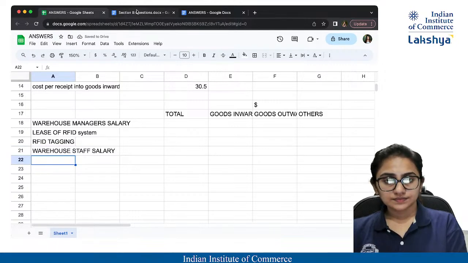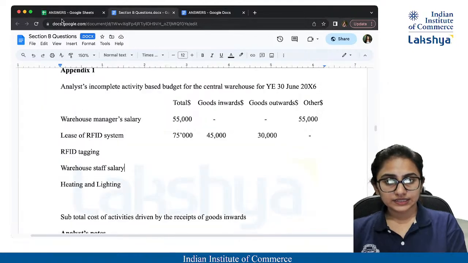The last one is, you have to complete this, okay, heating and lighting.